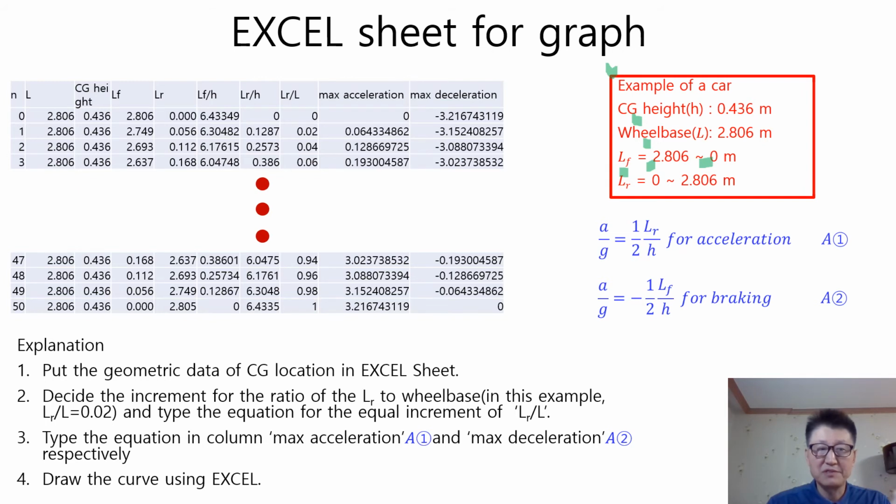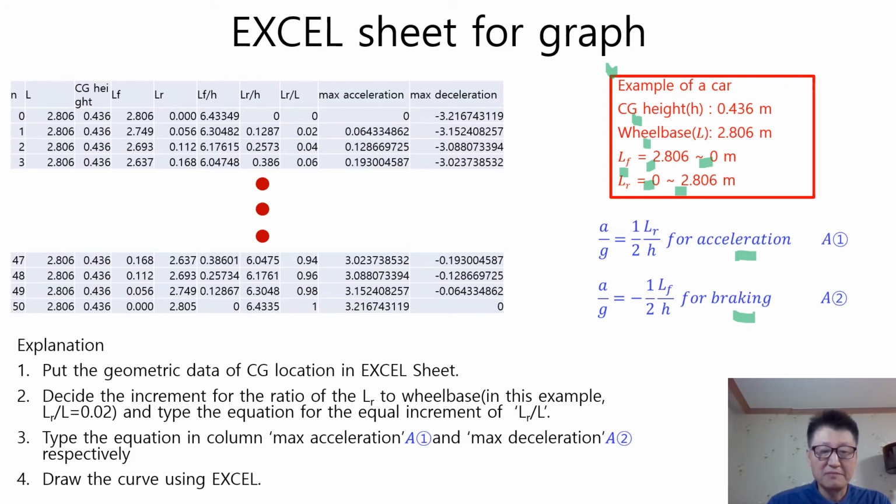In accordance with the L sub f, L sub r also varies from 0 to 2.806 meter. The equations are the same as in the previous graph here. Then let's get into the explanation.